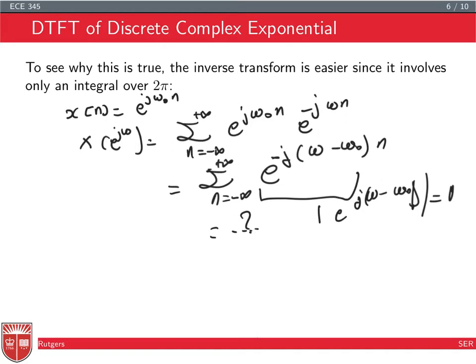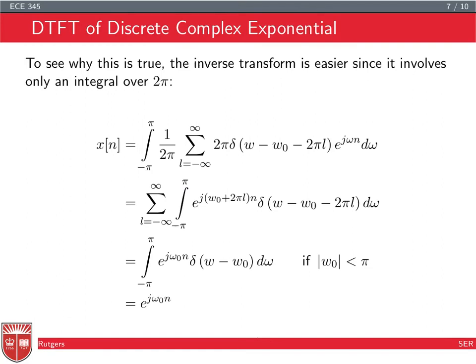So we're going to prove this formula a different way. What we want to do is just verify that this is the correct DTFT, by finding the inverse of it and showing that the inverse is actually the original signal.